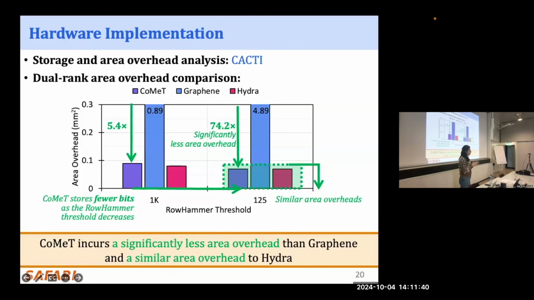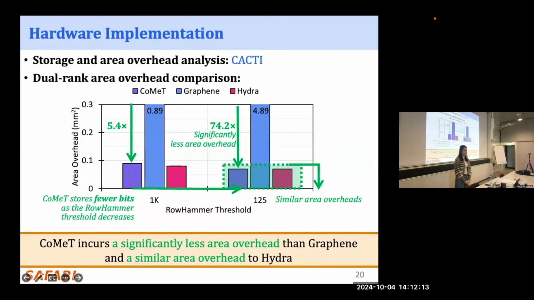But with CoMeT, since we can use just a fixed number of counters and represent that information by sharing some counters and introducing tag-based counters as a backup mechanism, we can keep the same table. And when we go to lower RowHammer thresholds, we can represent that counter value with fewer bits. So the number of elements in the table is the same, but the counters are getting smaller. That's why we have a smaller area.